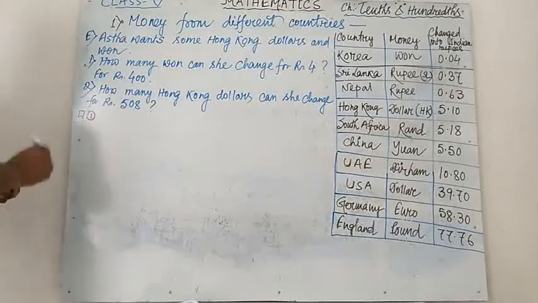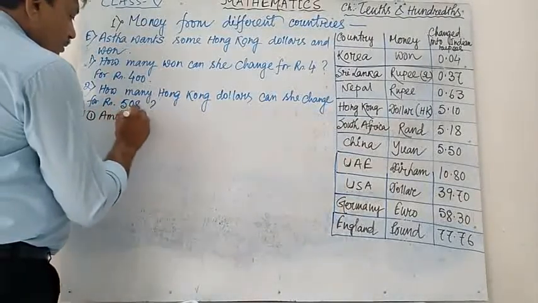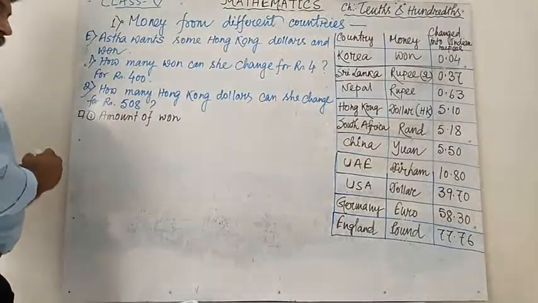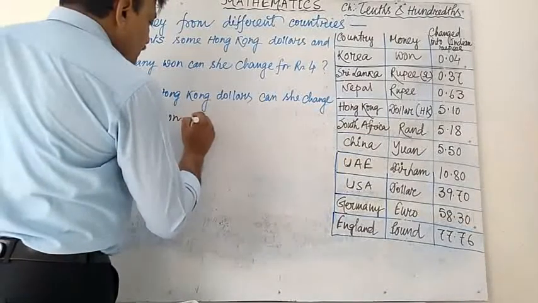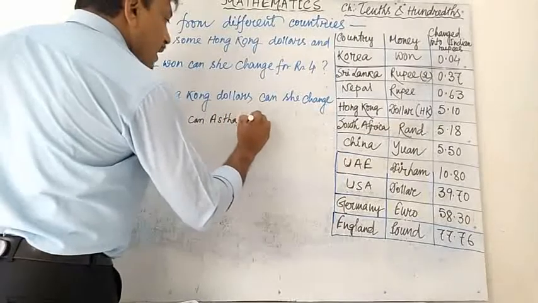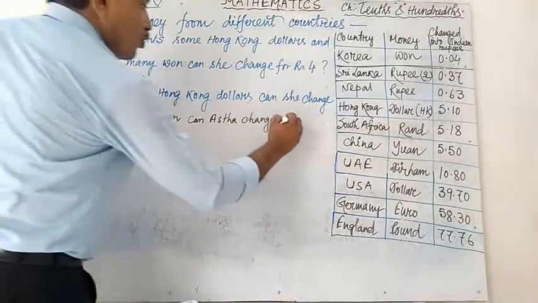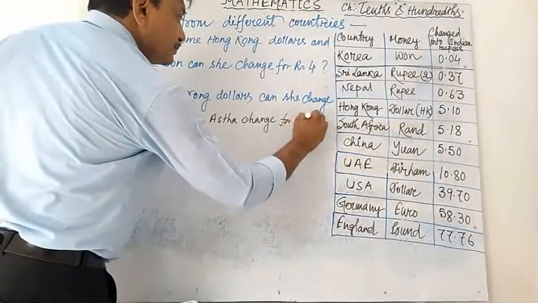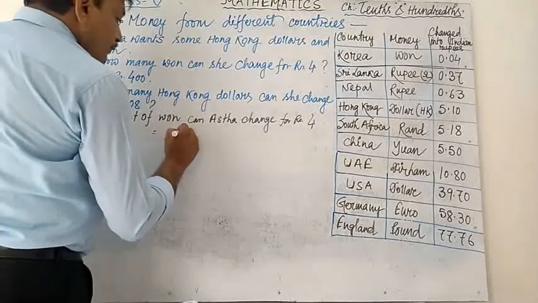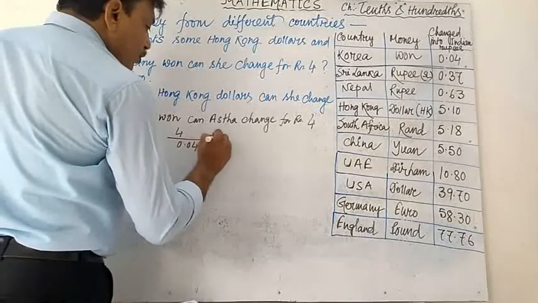So the amount of won she can change for rupees 4 equals 4 divided by 0.04.